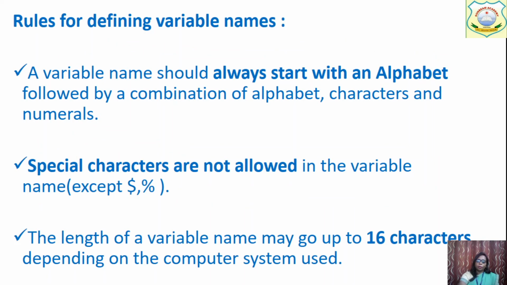Okay. Now, so what are the rules? The variable name should always start with an alphabet and then be followed by a combination of alphabets, characters and numerals. Special characters are not allowed, only dollar and percentage are allowed. The length of the variable name can be up to 16 characters, depending upon the computer system.